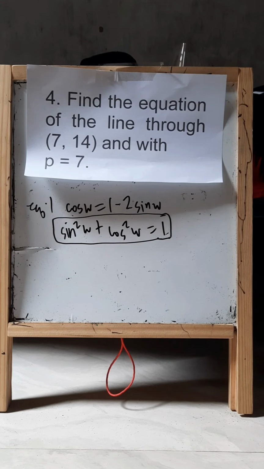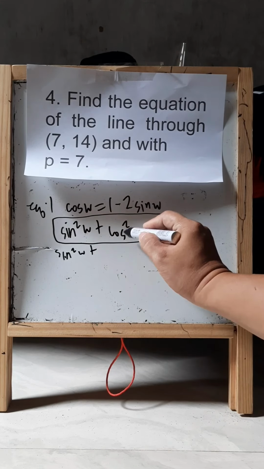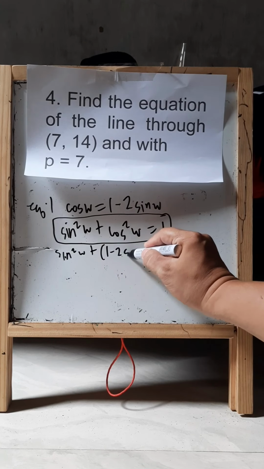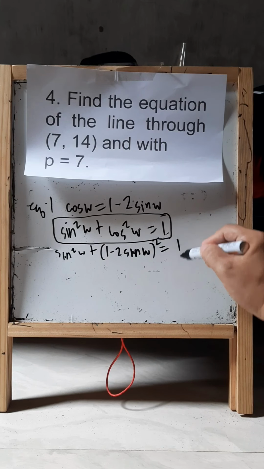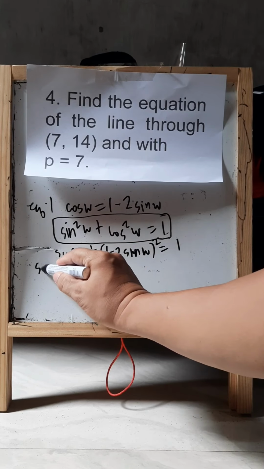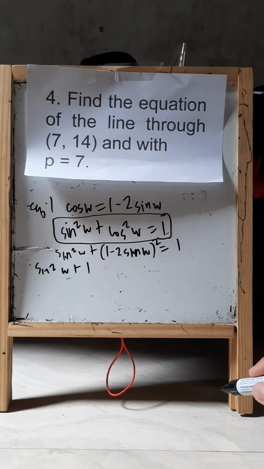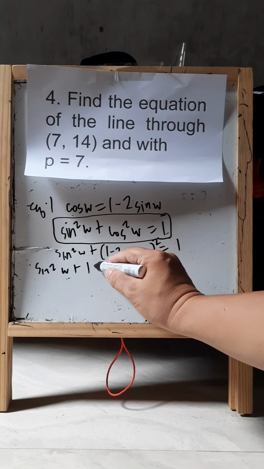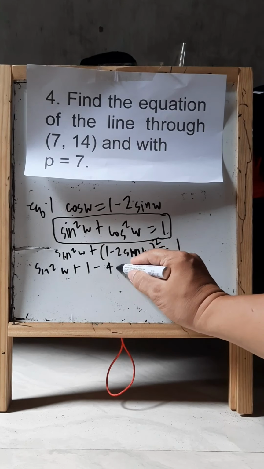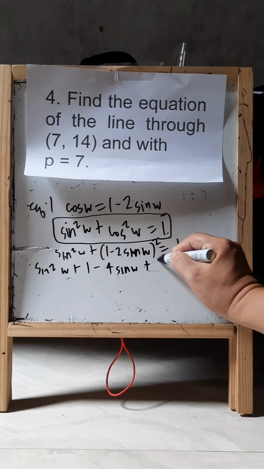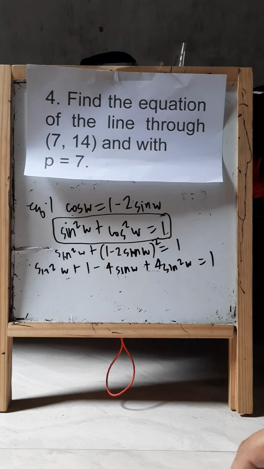So from here, we substitute the value of cosine, which is 1 minus 2 sine w, squared. Sine squared w plus (1 minus 2 sine w) squared minus 1 equals 0. Let's simplify. Square the binomial: sine squared w plus 1 minus 4 sine w plus 4 sine squared w minus 1.